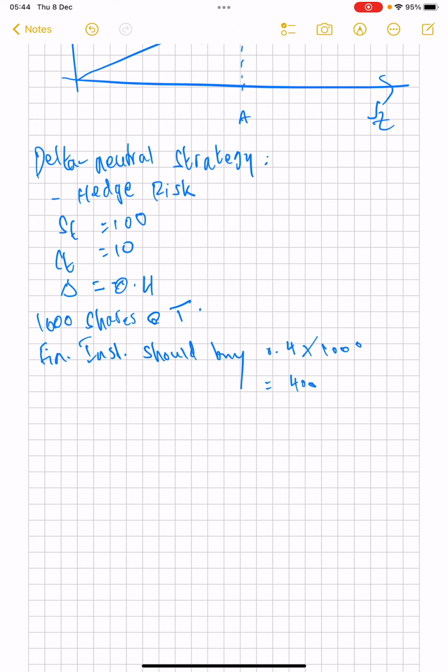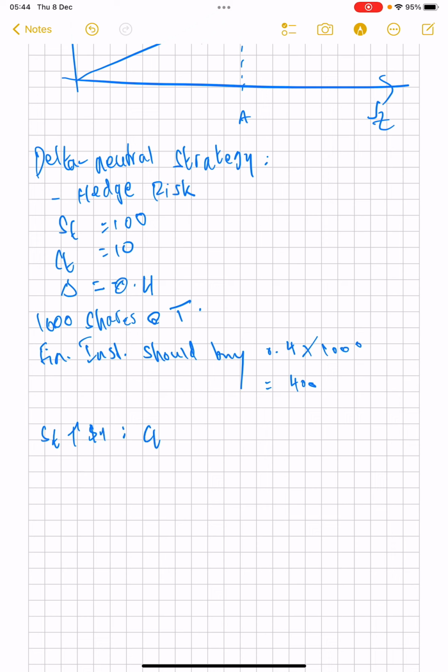If the stock goes up by $1, the option price will go up by $0.4. In this situation, the financial institution has a $400 gain in its stock and a $400 loss in its option position. The total payoff is 0. Okay, let me explain. St goes up by $1.